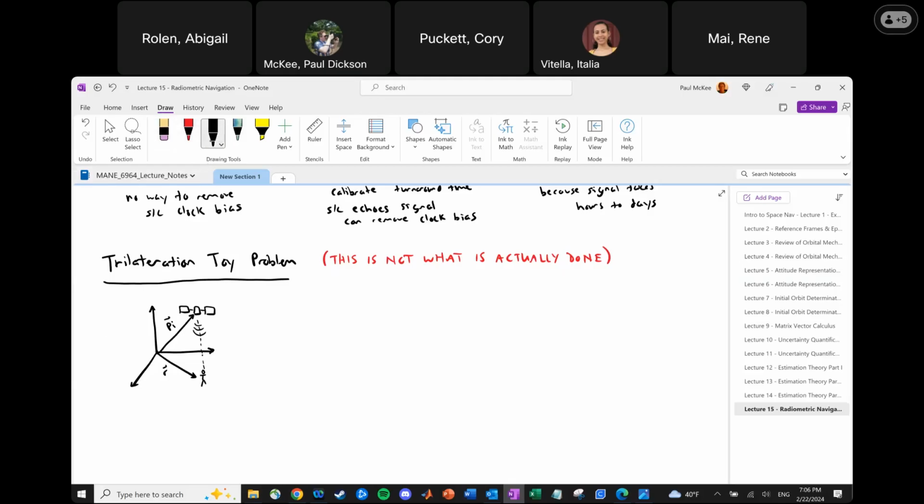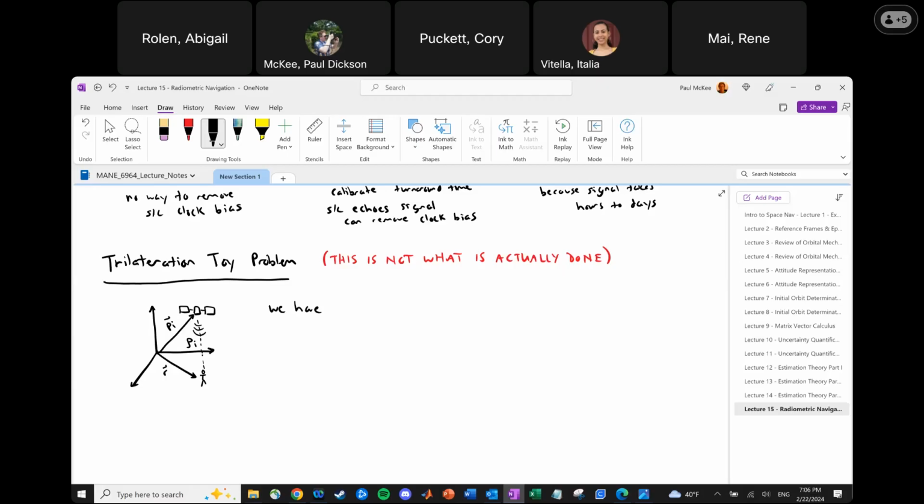And so, okay, the question is, let's say we have, oh, we should mention that the distance from the transmitter pi to the receiver at r, we're going to call that rho i.